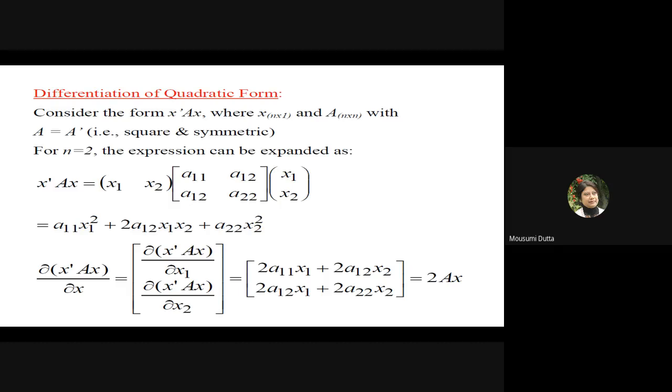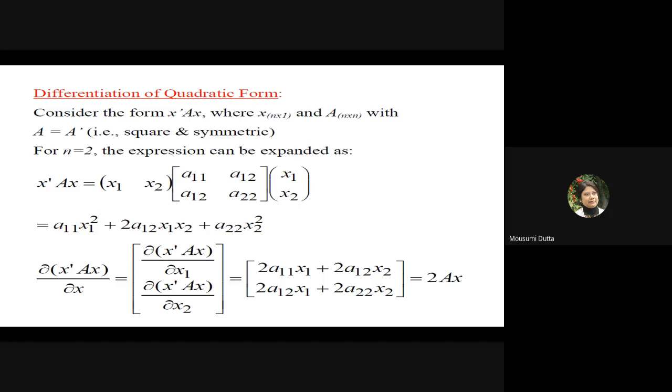So x is a vector and capital A is a matrix. In our example, beta hat is a vector and x prime x is a symmetric matrix of order k by k. So a similar kind of context I am considering.